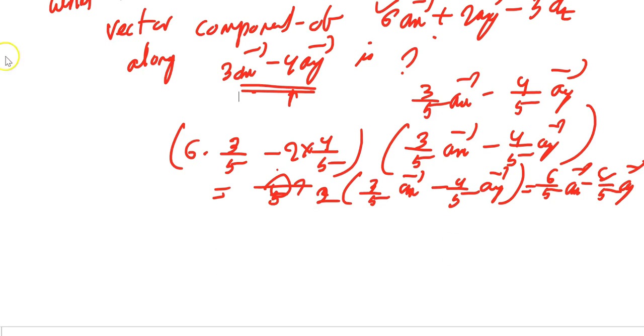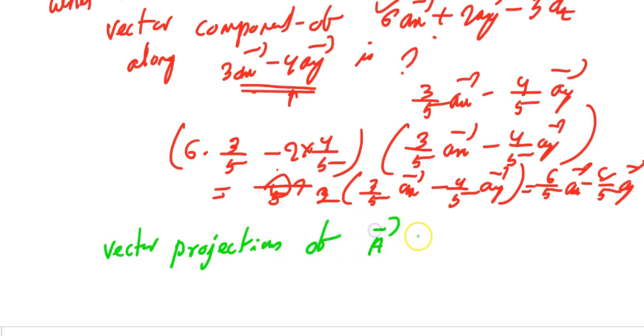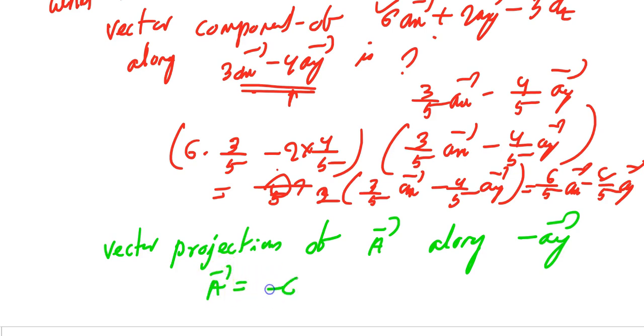We'll do another example. Vector projection of A along the minus ay direction, where A is given by minus 6 ax plus 3 ay plus 2 az.